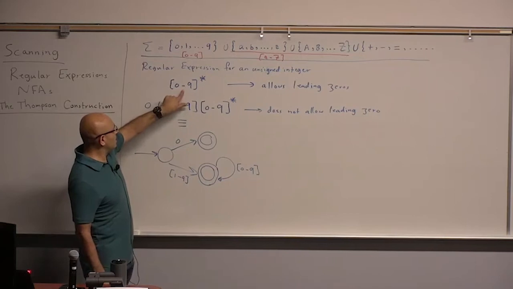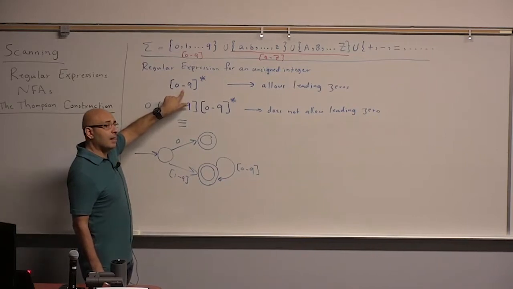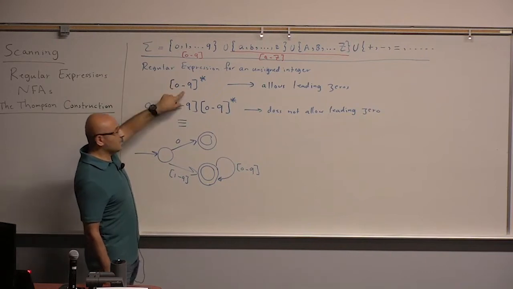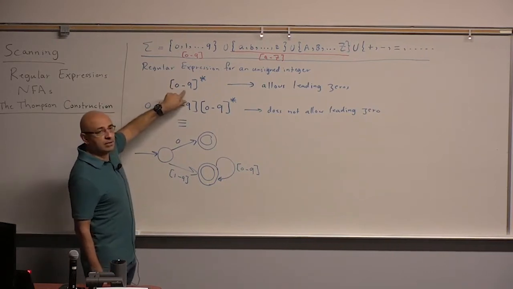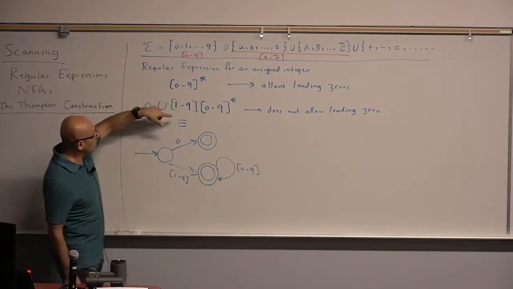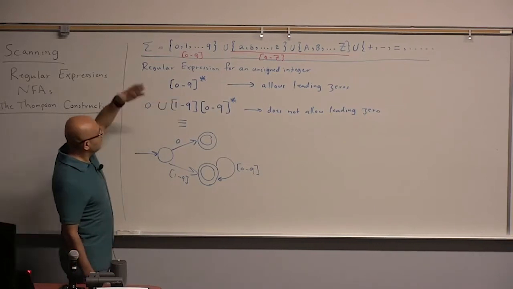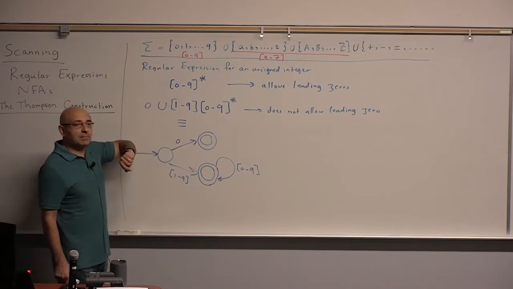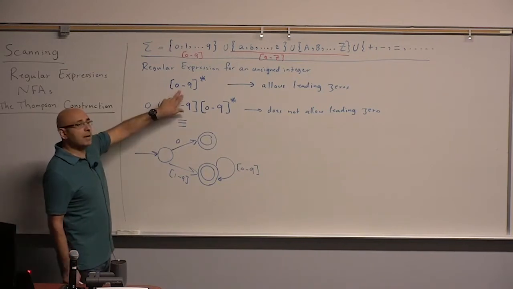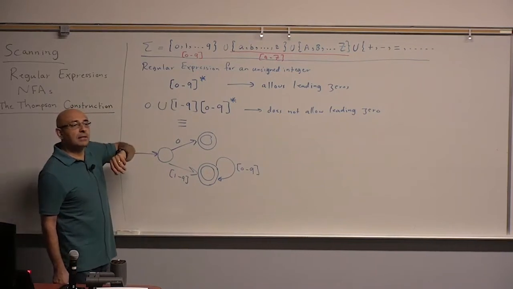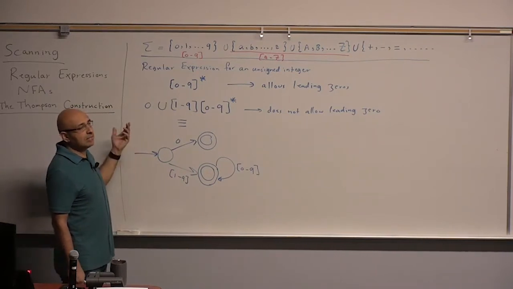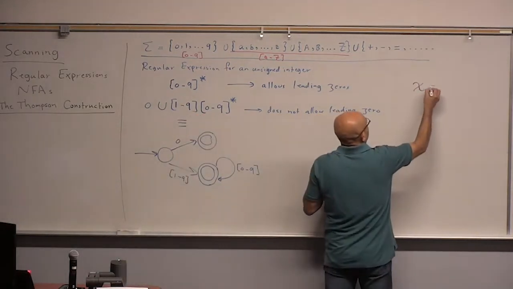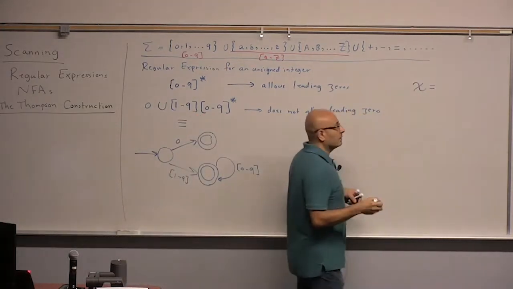What will this allow? Values too large to fit in an integer? Well, okay, so this is definitely not setting any limit on the size of the integer. But from a syntactic point of view, that may not be a big problem. What is the bad thing that is allowed here? It allows an empty symbol. Yeah, an empty symbol. So this will allow you to write something like x equals nothing.